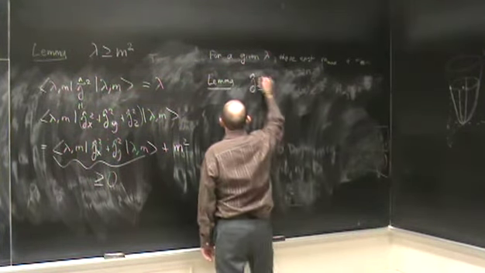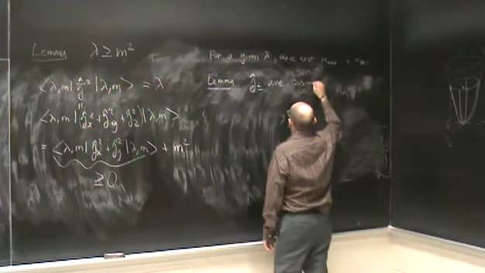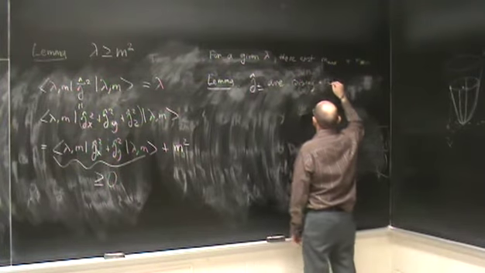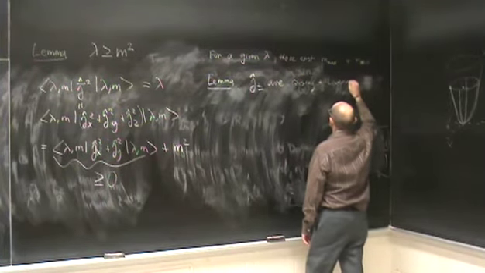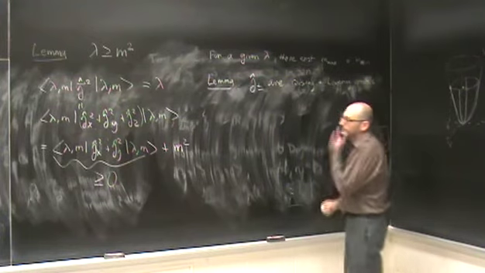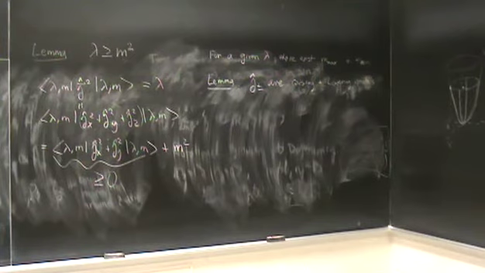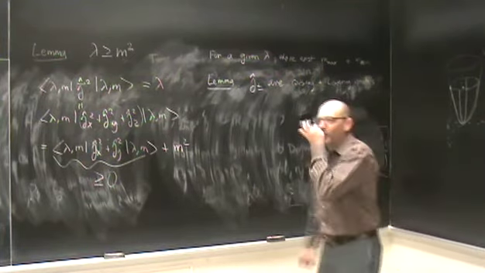J plus and minus are raising and lowering operators. We kind of can guess that. I want to just back up for a moment.